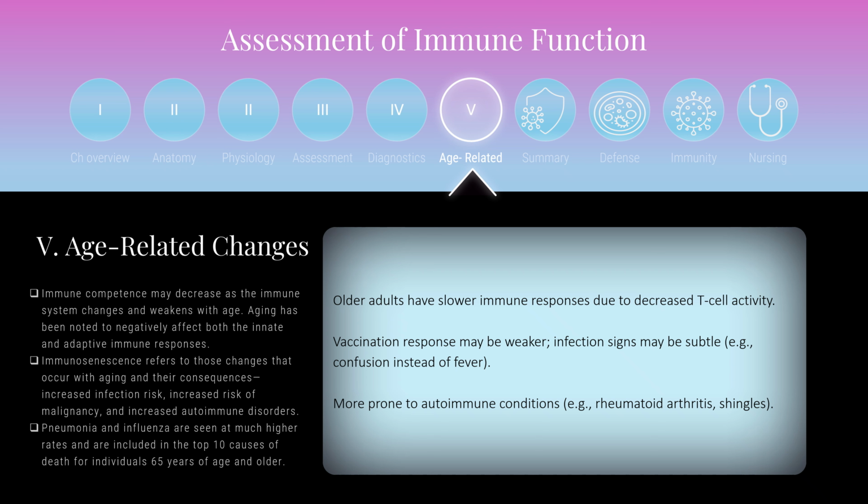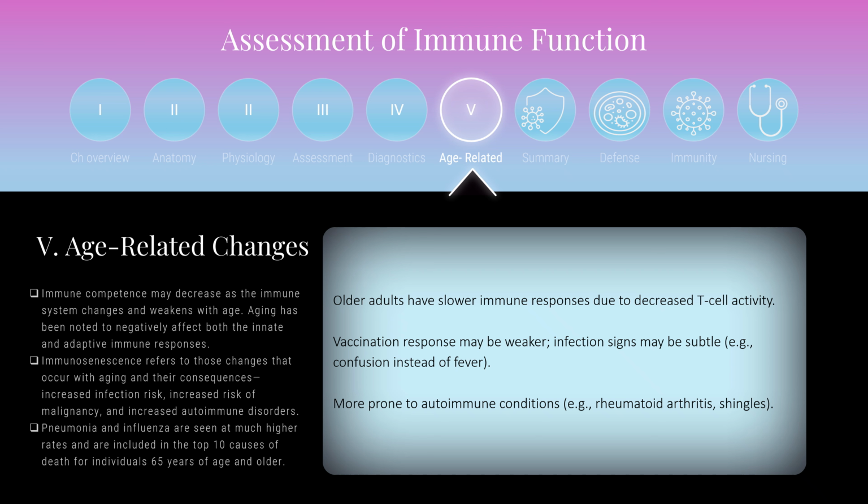Yay! So the age-related changes: immune competence may decrease as the immune system changes and weakens with age. Aging has been noted to negatively affect both the innate and adaptive immune responses.